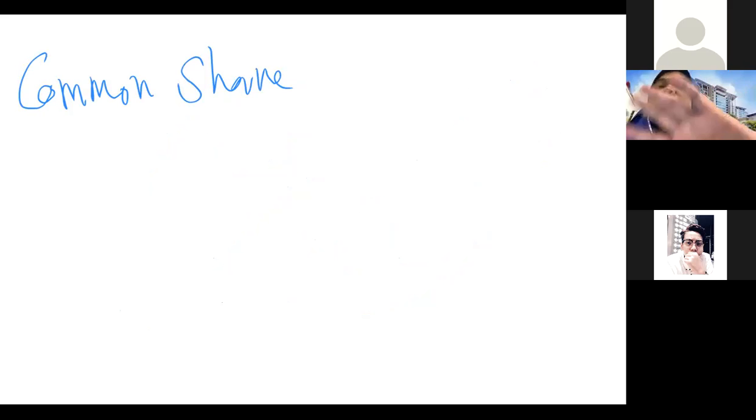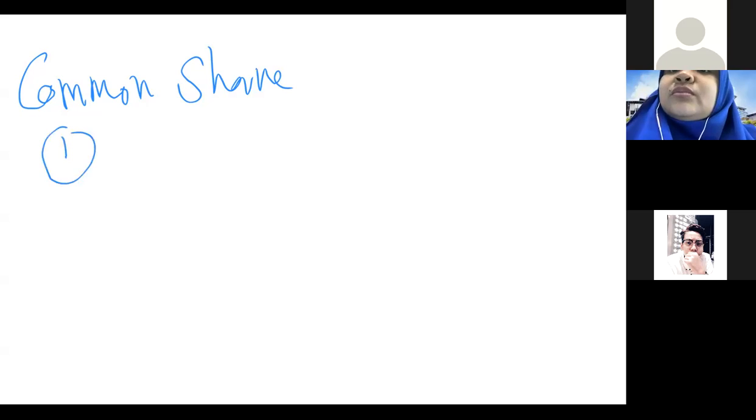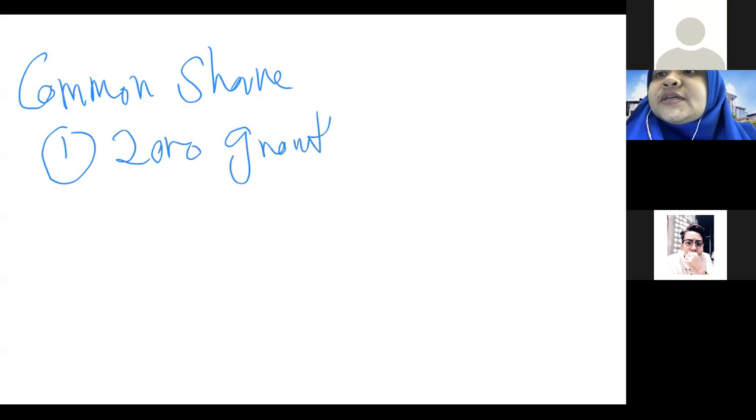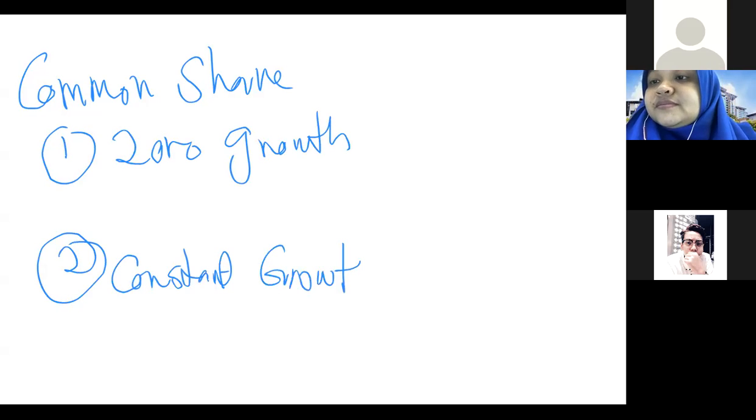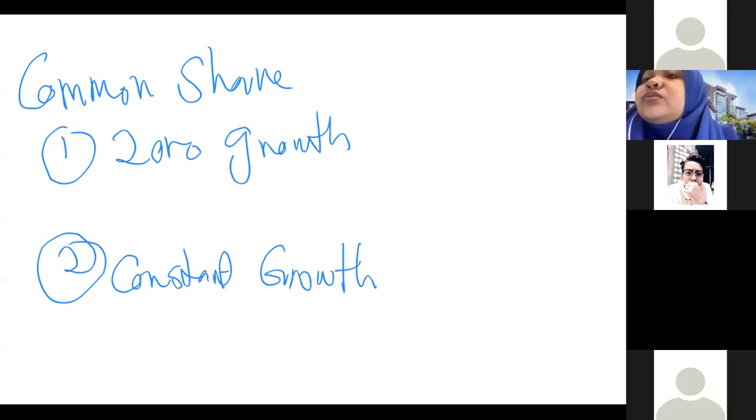As you learned before, there are two types of common share. The first one is the zero growth model. The second is the constant growth model. I hope you still understand the difference between zero growth and constant growth. So for the constant growth model, how to calculate the cost of common share?